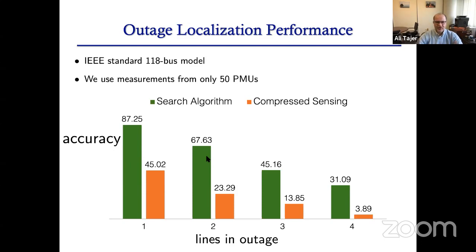Whereas we can show that by this active sampling of the network, we could improve. So if you look at the accuracy of localizing the index of the line in outage, and assuming that there is only one line in outage, with compressive sensing we could localize it with accuracy 45%, and with active sensing we could localize it with accuracy 87%.